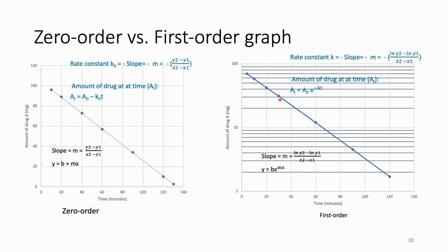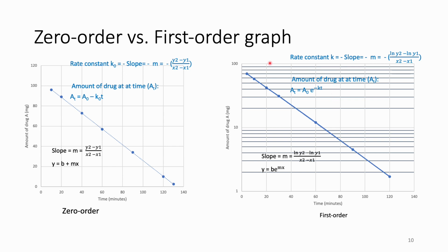And for the purpose of having the graph here, you use it to calculate the elimination rate constant, because from there you will know how much drug will decrease over time, and you want to predict the amount or concentration of drug at a certain time t.